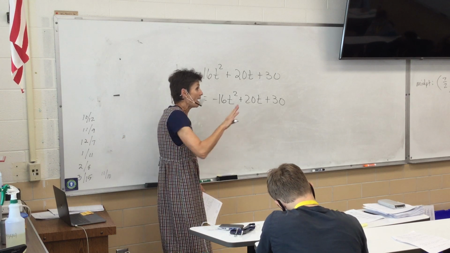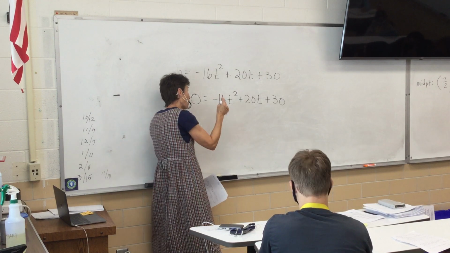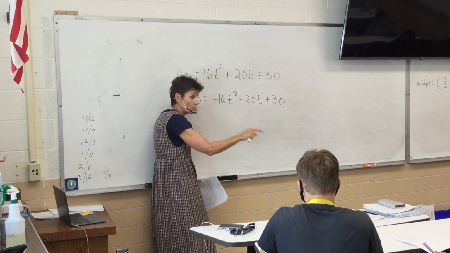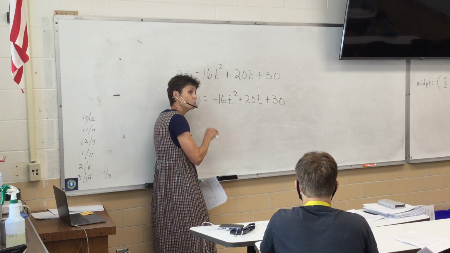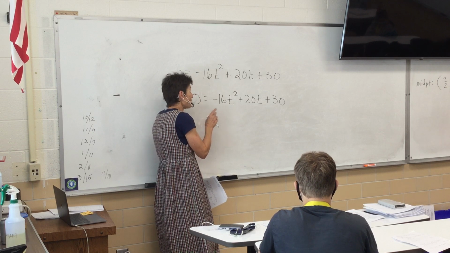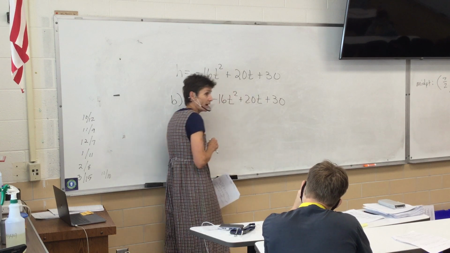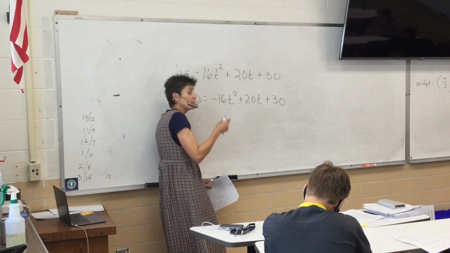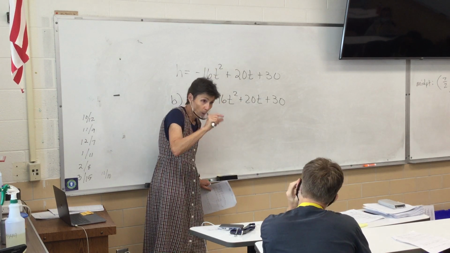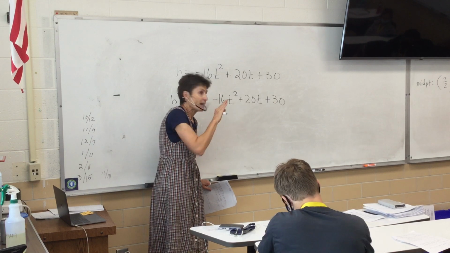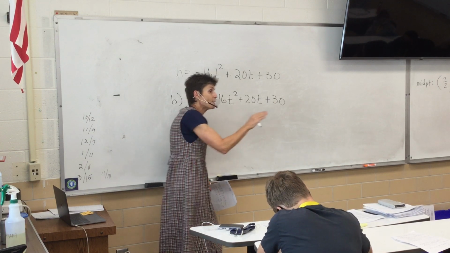Quadratic formula. Now, you are free to do the quadratic formula right now. You have a calculator that will help you with these big numbers. You might also notice, though, that all of these are divisible by 2. So if you want your numbers to be a little smaller, you could divide everything by 2. You do not have to.